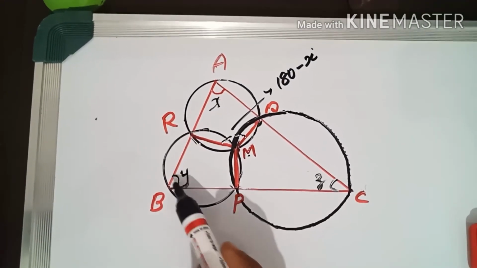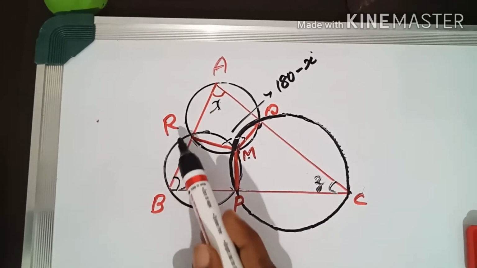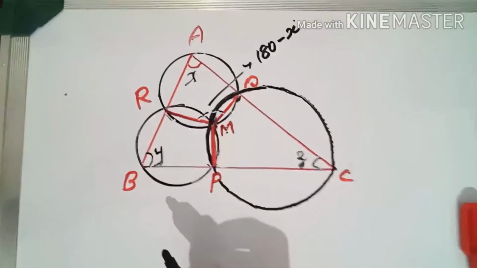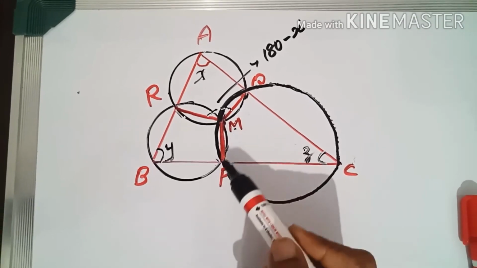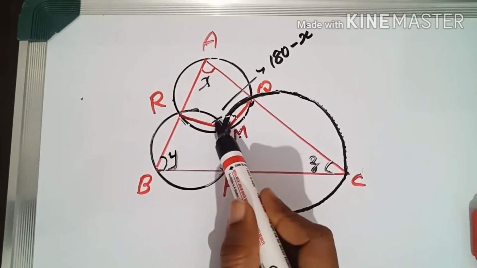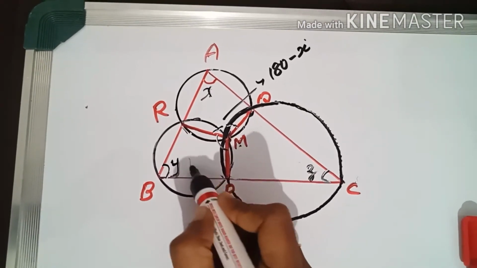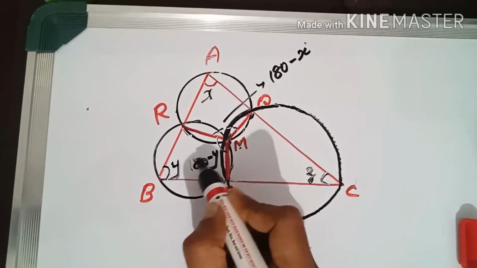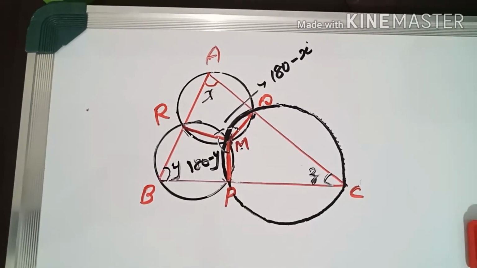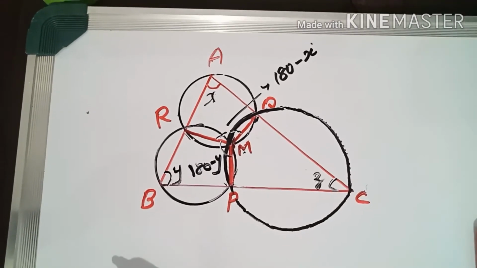Similarly, consider the quadrilateral BRMP. Then what will be angle PMR? Here one angle is y, so this angle RMP will be 180 minus y degree.